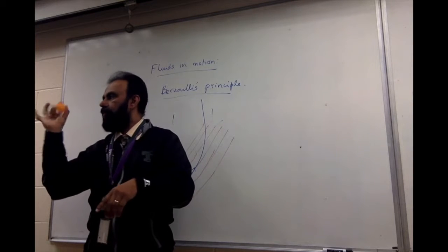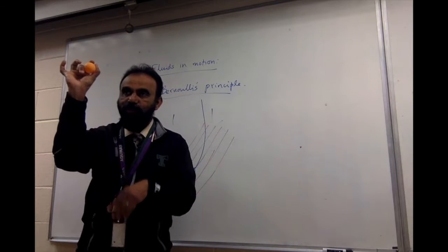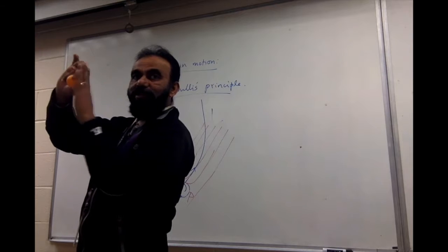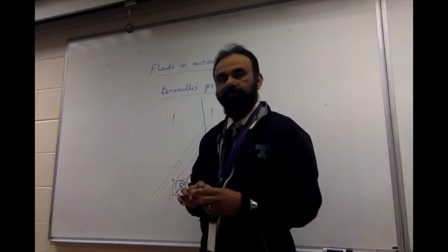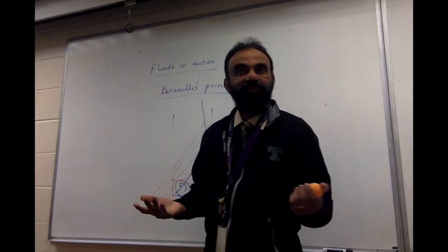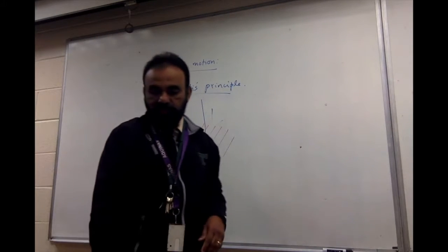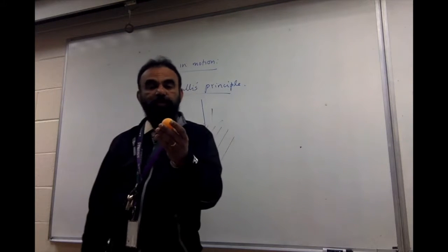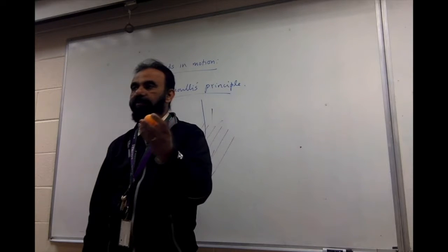So the ball was going forward at the same time, and because it's spinning this way, the pressure was lower on this side, the pressure is higher on this side, and the ball is curving, right? That's called a curve ball. In baseball, it's called a curve ball. That's all Bernoulli's principle.